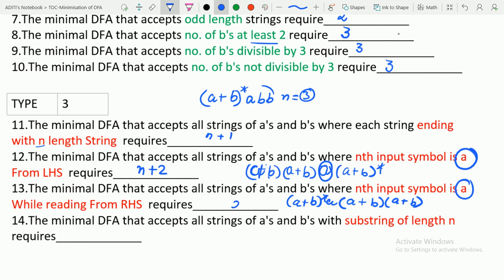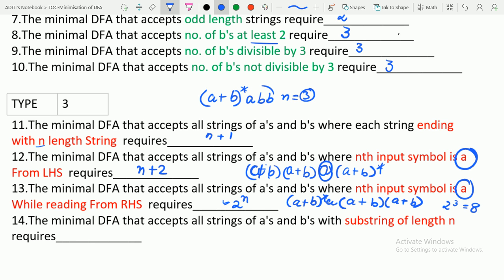The minimum number of states that will be required is 2 to the power n. You have to remember it. If it is third from the right hand side, then 2 to the power 3, that is 8 states are required. That's a big number. 2 to the power n is a big number, that's why NFAs are created.